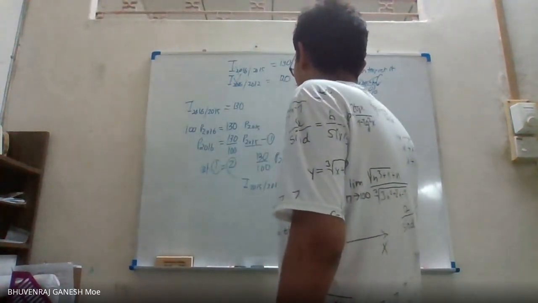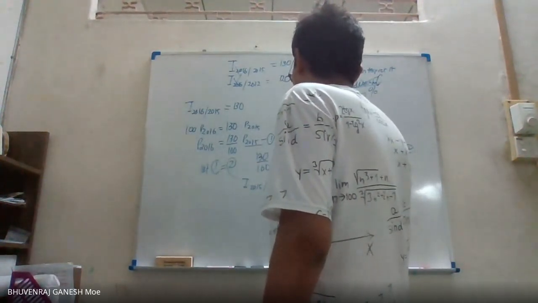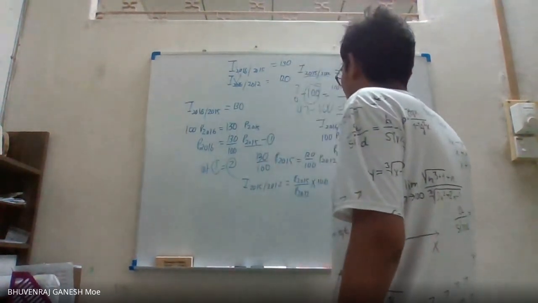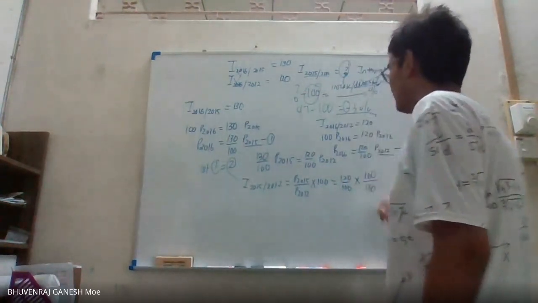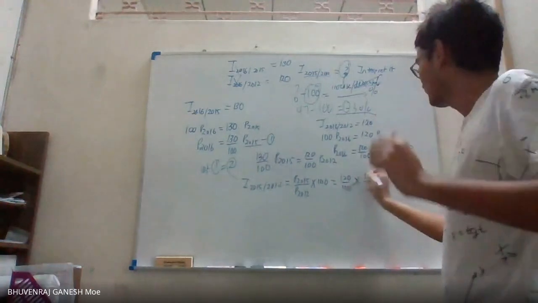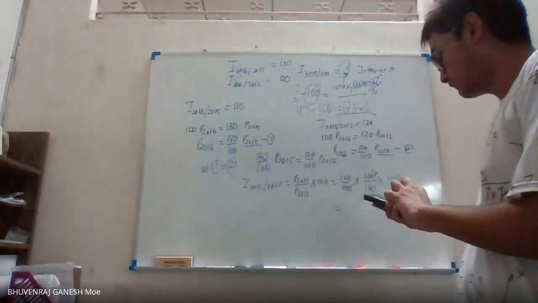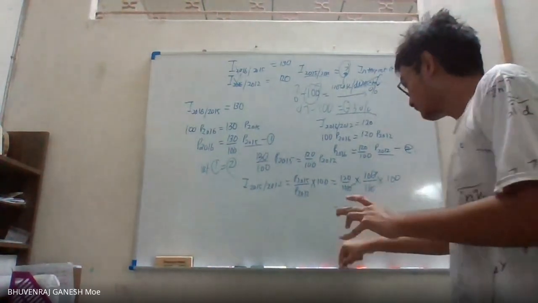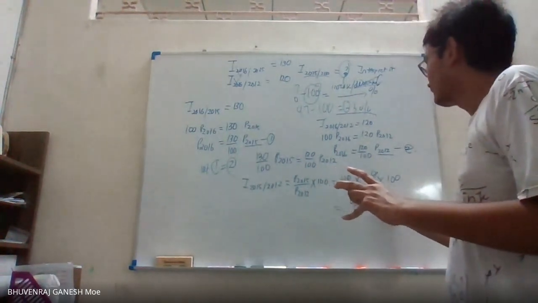So you get P 2015 over P 2012 times 100, which is 120 over 100 times, remember to inverse, 100 over 130 times 100. So cancel, cancel. 120 times 100 per 130, 92.3. So this is the answer.